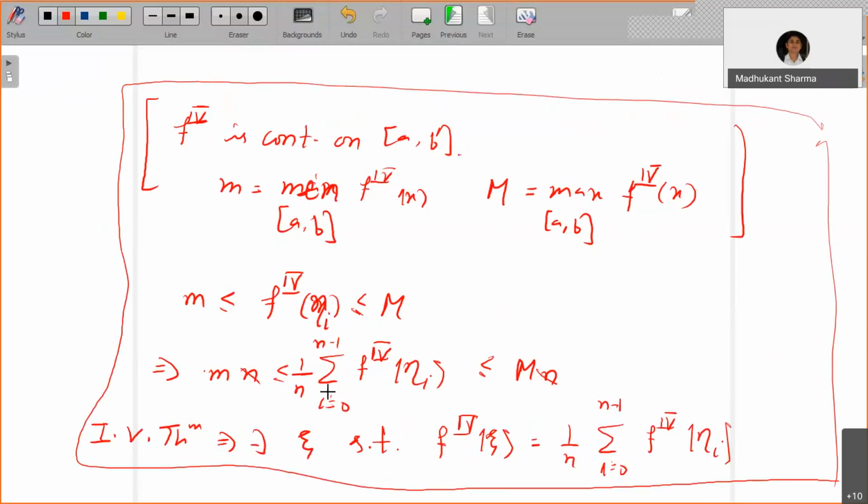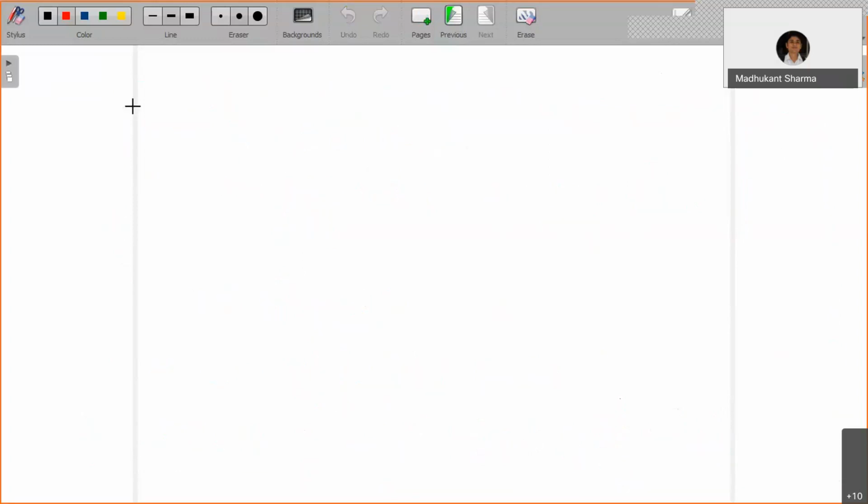So this result implies the error on a to b in Simpson's rule is equal to minus h to the power 5 by 90 times n times the fourth derivative at some c.